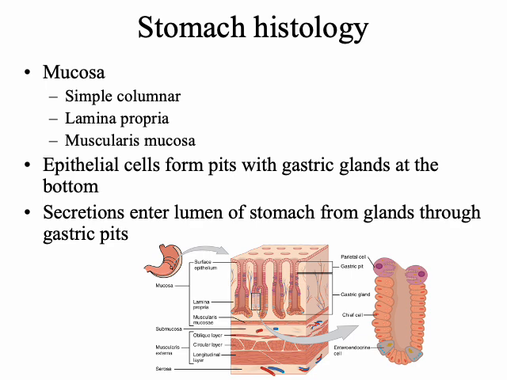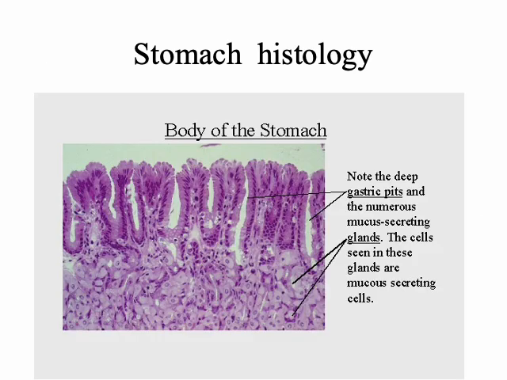It's a good review from labs. Let's take a look at this under the microscope. Here's a nice view. You can see that those are all just little gastric pits, little kind of cavities and holes that basically descend into this huge branchy network of glandular cells that are going to produce hydrochloric acid and enzymes, all sorts of good stuff.